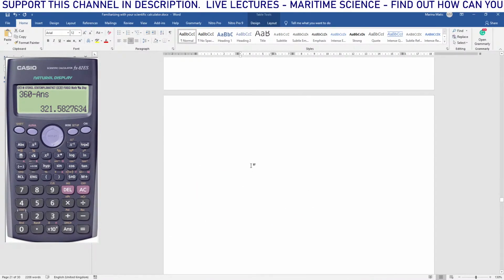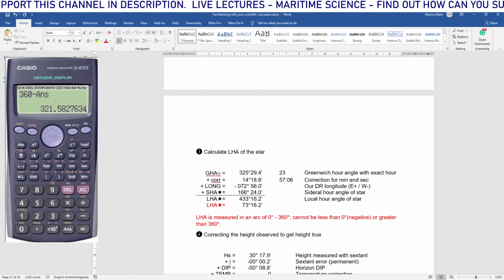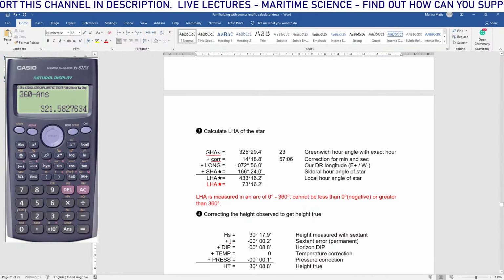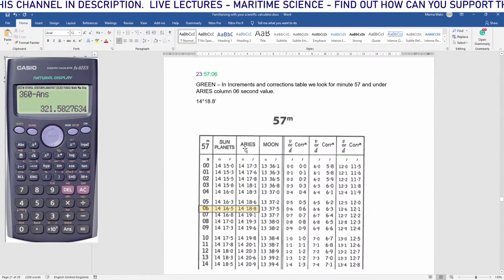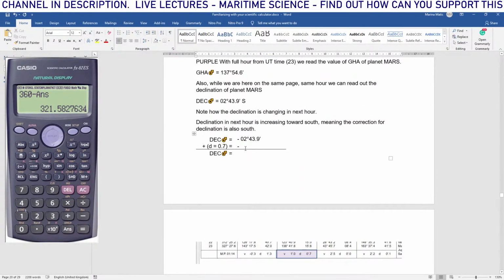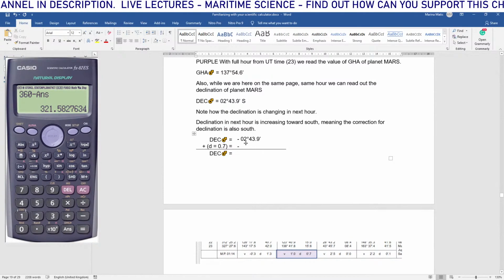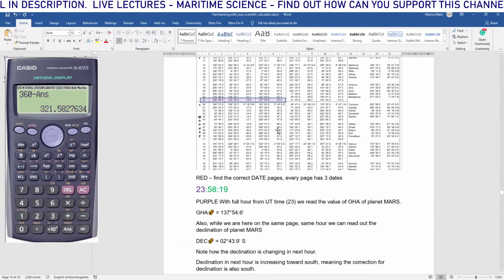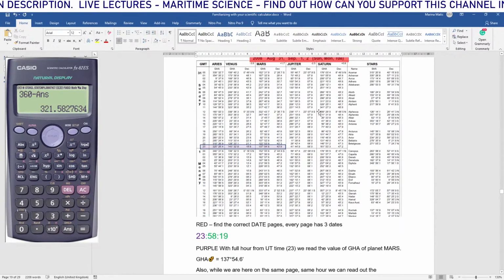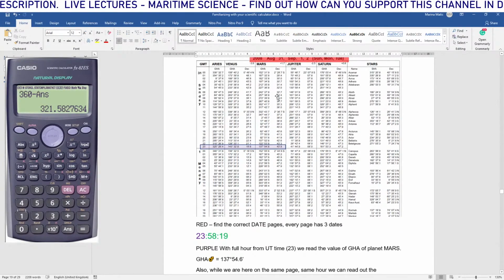And once we fill all the data in, then we do the calculations. So we calculate after we filled everything that needs to be filled in. So that is declination, and this is what we read from this front page. And there is nothing else here that we need for Mars.